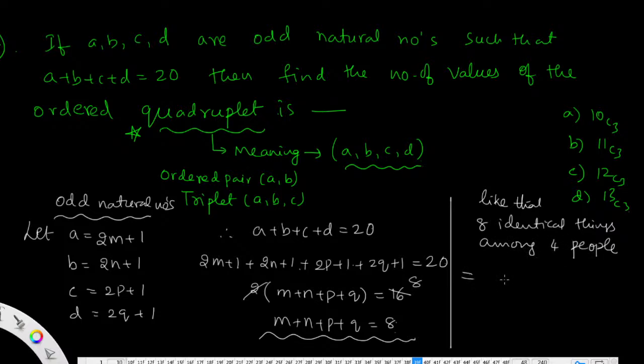Therefore the formula is 8 plus 4 minus 1 C 4 minus 1, that is equal to 11 C3. The option goes to the second option. These are all mains and advanced questions. Akhilesh, n plus r minus 1 C r minus 1 is the formula. Okay, next question.